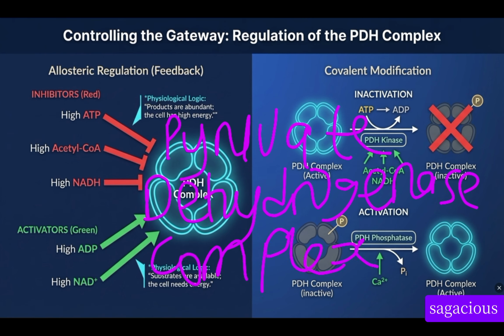So an enzyme known as pyruvate dehydrogenase complex converts what? Pyruvate to acetyl-CoA in the presence of oxygen.